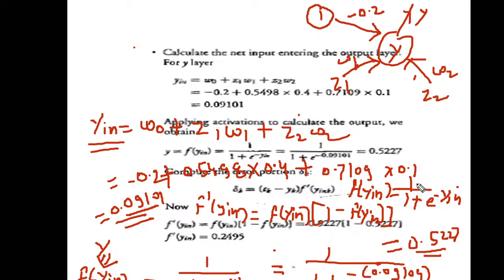If we treat this as f of y in, the derivative of this one will be f dash of y in is equal to f of y in multiplied by 1 minus f of y in. So f of y in we have calculated, f of y in is 0.5227, so in the bracket 1 minus 0.5227.